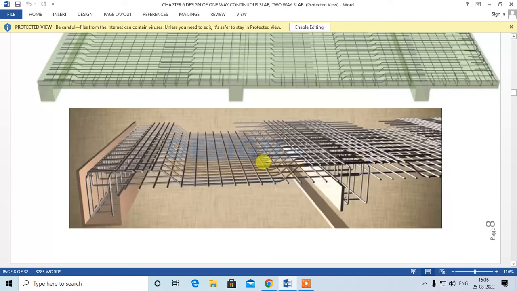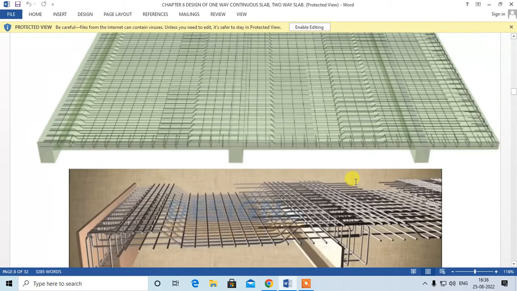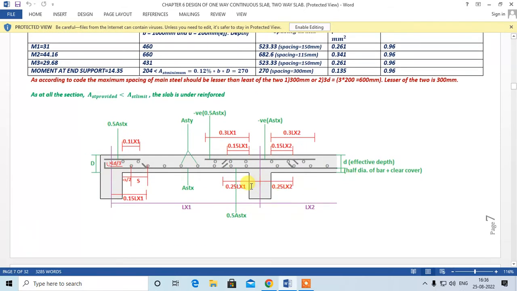Then you can provide one bent up like this and one straight bar like this. The distance from where this bent up has to be taken is 0.15 L over here, and from here it should be 0.25 L, which we just saw, which is given over here, 0.25 L and 0.15 L.